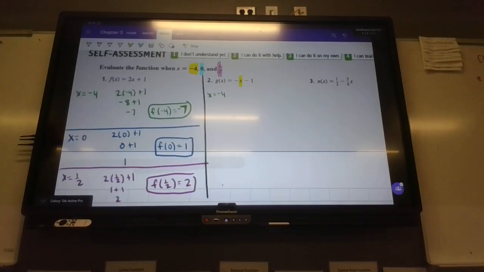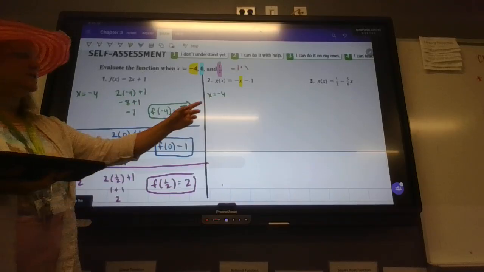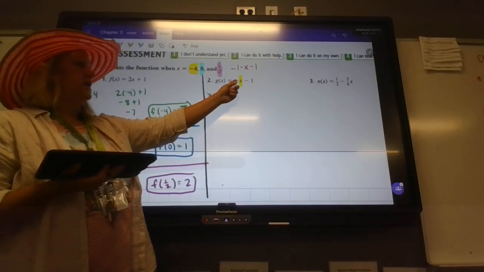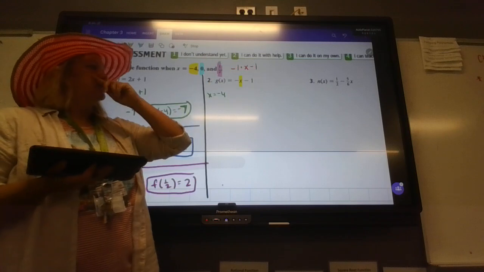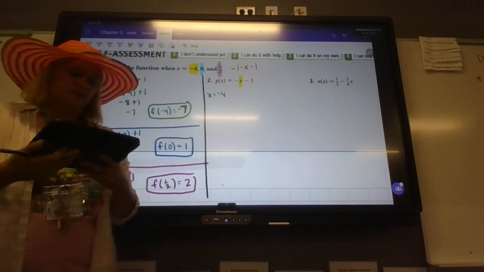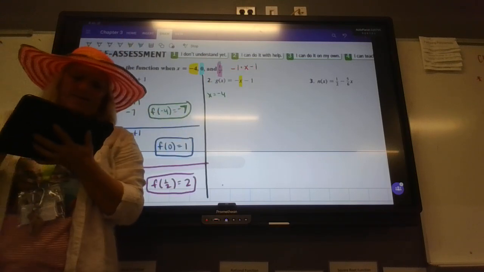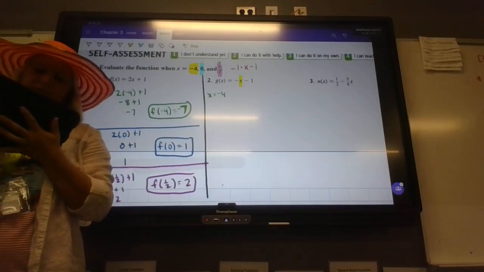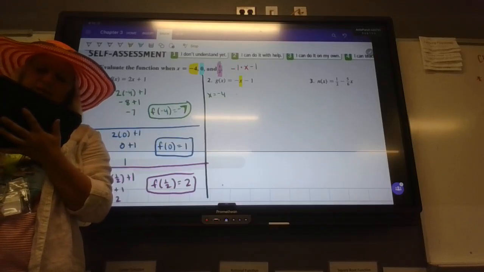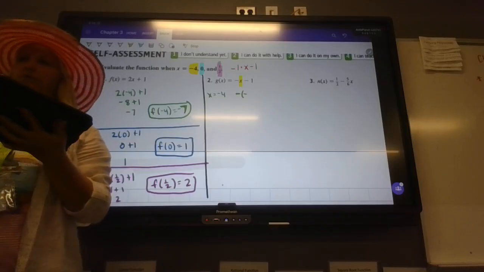Okay. So anyway, this is just like saying -1 times x minus 1. So sometimes it's nice to see, instead of just a negative sign, -1 times x. I don't know how you guys feel about that. That's how I feel. Okay, so this would be negative sign, plug in -4 minus 1.